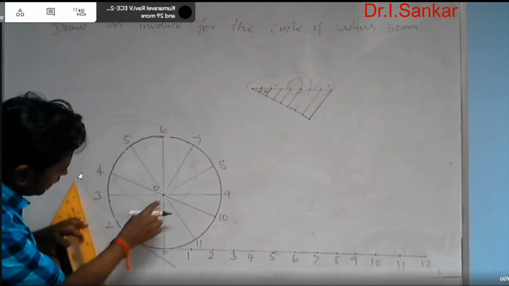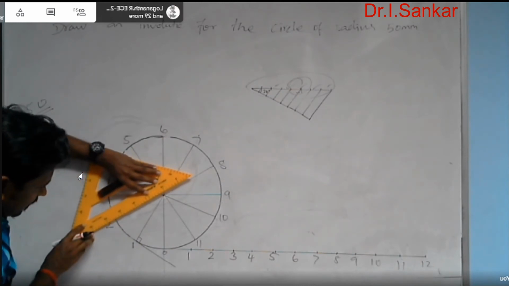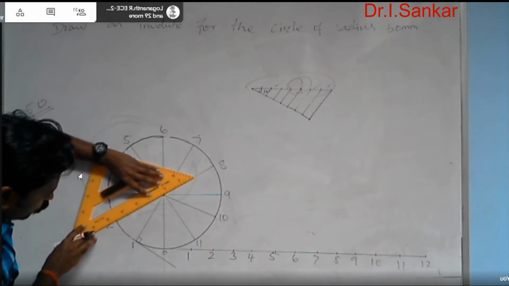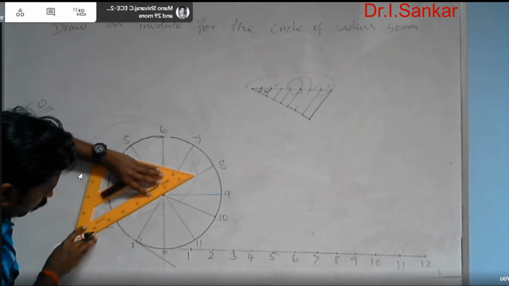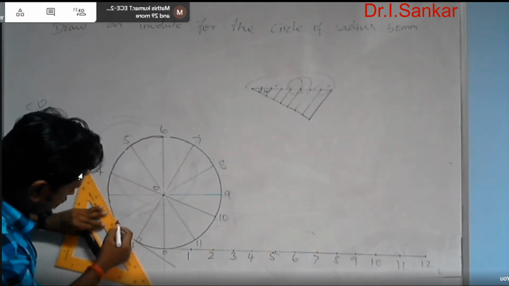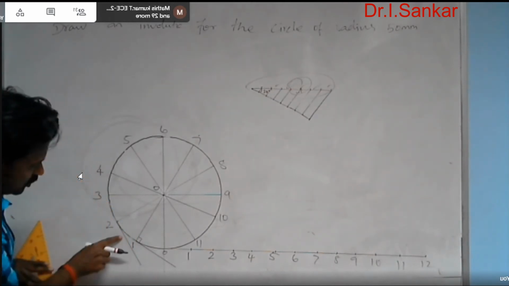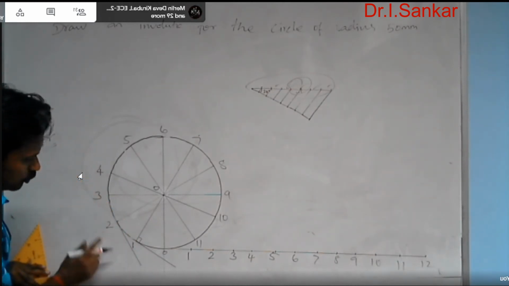The same way, use your drafter, set one scale of the drafter parallel to O2, and the other scale automatically becomes perpendicular to O2. So draw a line from 2. This line should be perpendicular to O2.